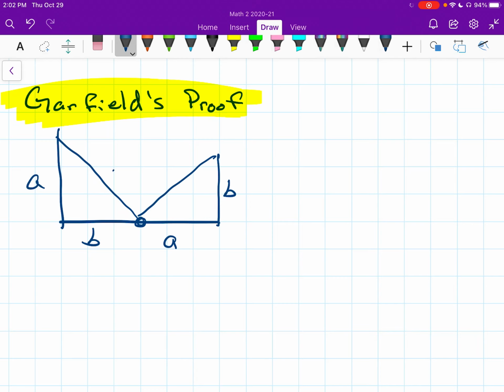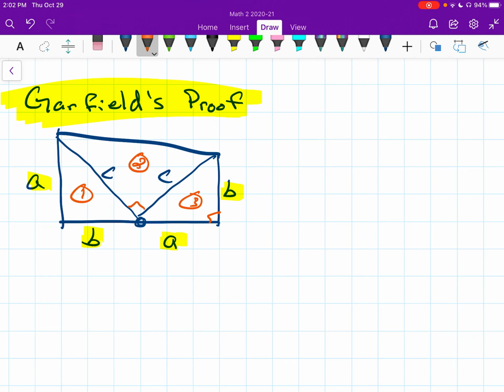There, and then here's our C's. What I changed here was these guys are now just slightly different than they were. And now we have our C's, triangle 1, 2, and 3. Here's our 3 right angles. All right, now that looks a little bit better.